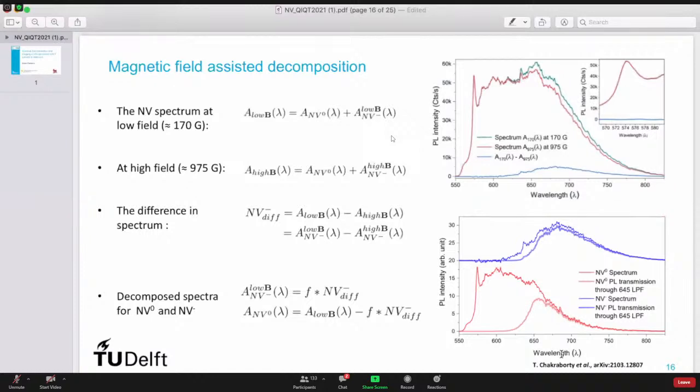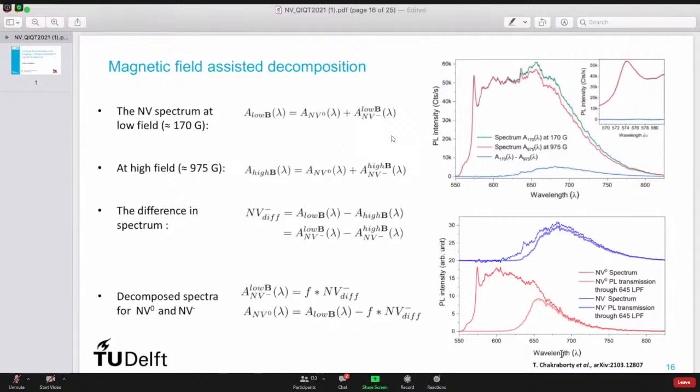Now for high field, we write in a similar way, but as we saw from the earlier arguments that NV0 fluorescence doesn't change with field, we write basically the same amount of A NV0 in the high field spectrum as well. And then when we subtract them, we get NV minus difference.